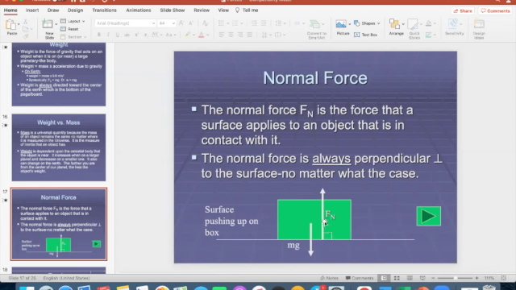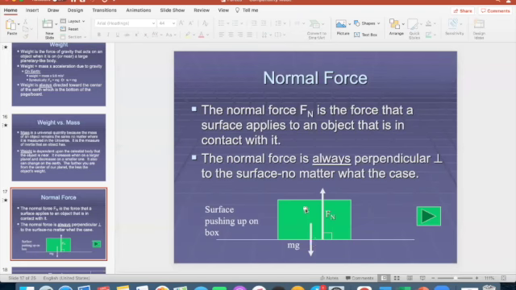So if we're standing on a wood floor, that wood floor is supporting our weight. It's applying a force back onto us. If it didn't apply a force, then we would sink right through the floor. So the floor is sustaining your weight, your mass times your gravity, and this is called the normal force.